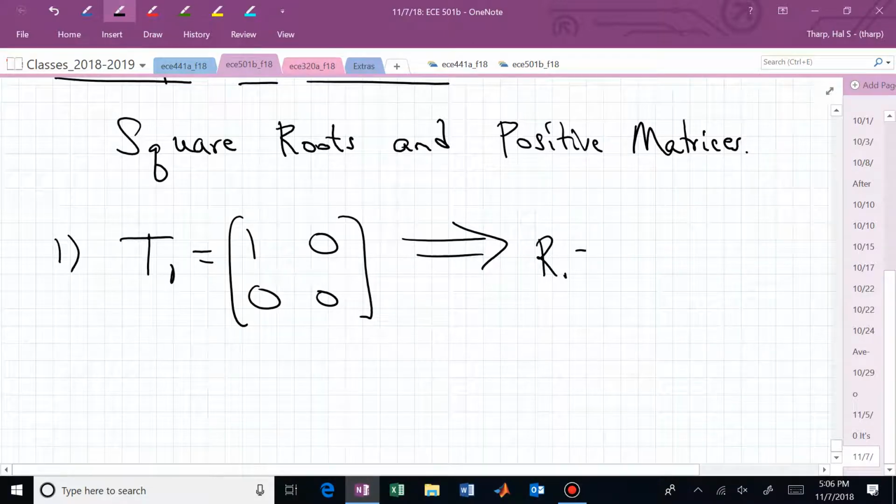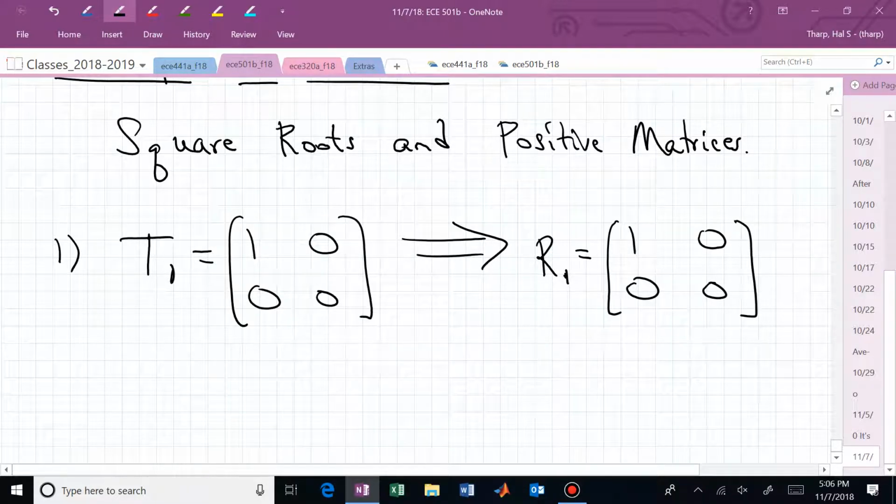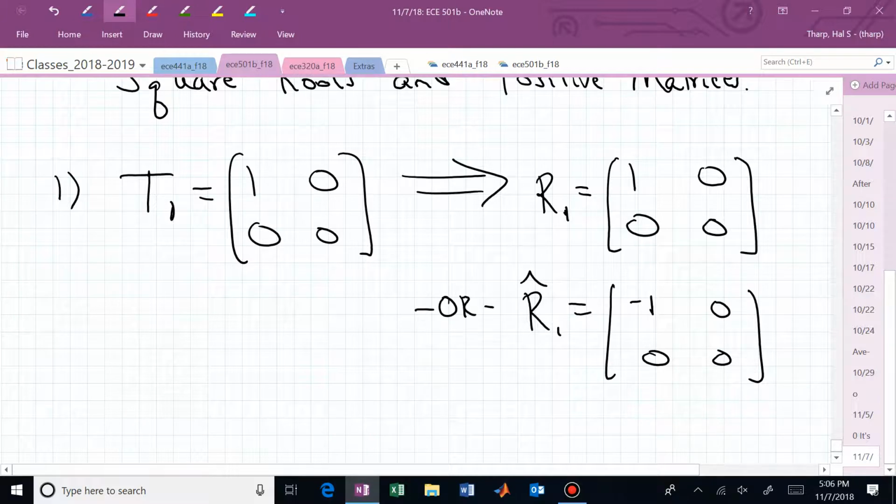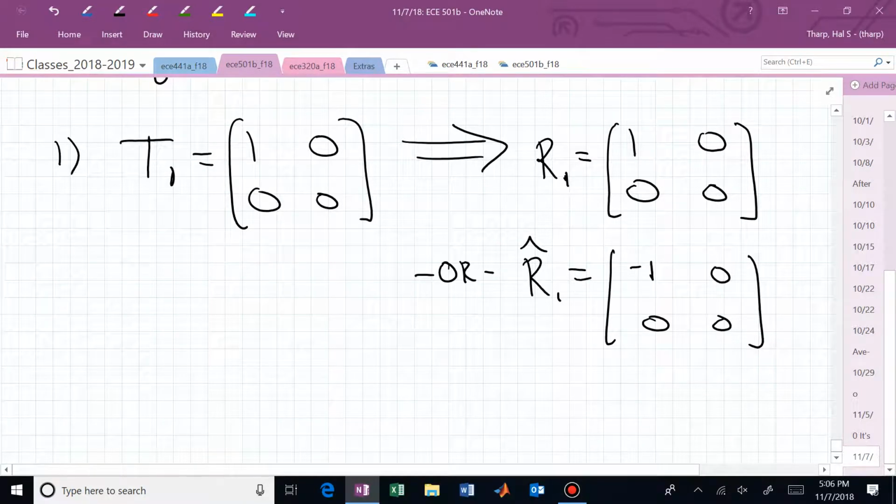One square root for that is this. Or could we also do the following? Could I now say that R1 hat times R1 hat is going to give me T1? So there is a positive matrix T1 and some square roots.